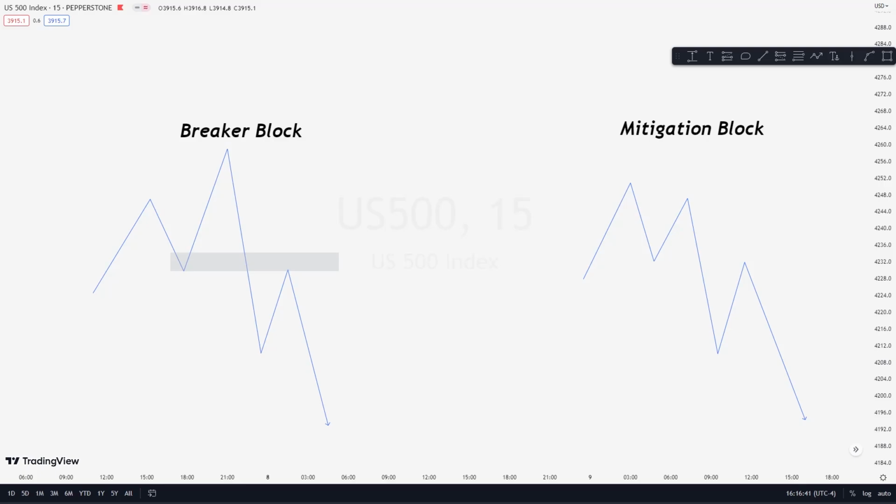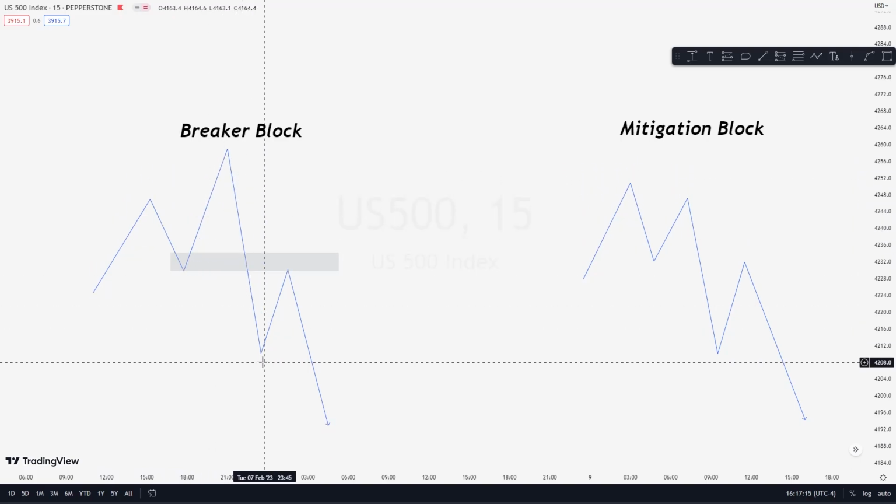So what actually is a breaker block? The breaker block is the lowest down close candle in the most recent swing low prior to the high being ran. That is a bearish example, vice versa for bullish. When it comes to the breaker, I got taught this by one of my mentors. Always think this. For a bearish example, high, low, higher high, lower low.